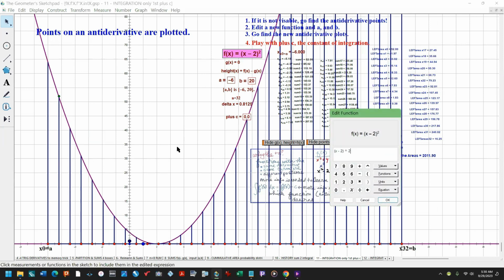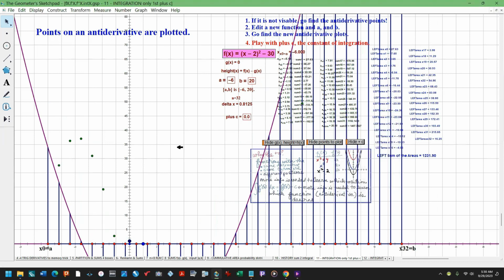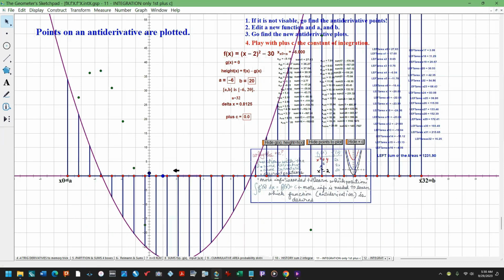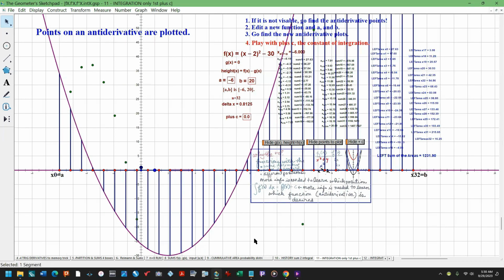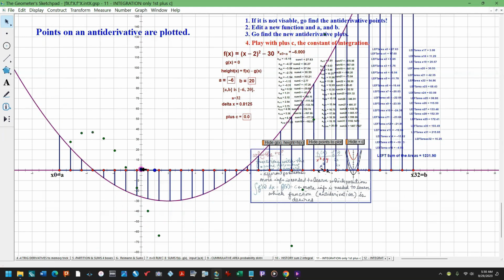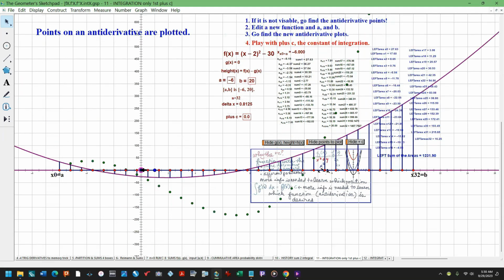Let's make it down 30, just so we can see it. Okay, now I can see some of the dots. Here's the parabola. I started here.